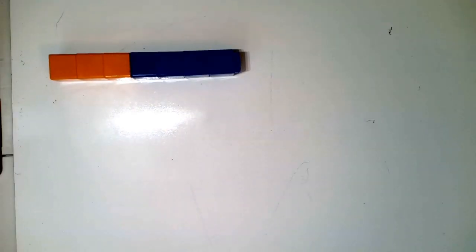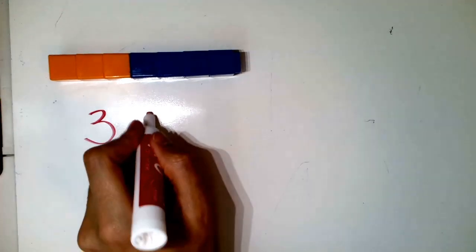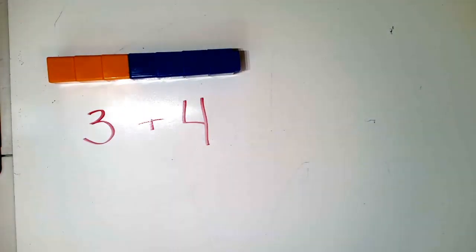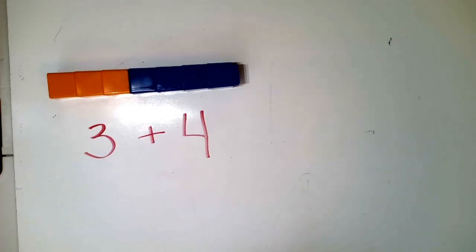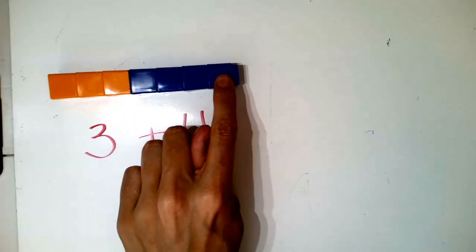Hopefully you can count those up. I see 3 orange and 1, 2, 3, 4 blue, and you can follow along with your cubes as well. Okay, so 3 and 4, how many cubes is that? 3, 4, 5, 6, 7.